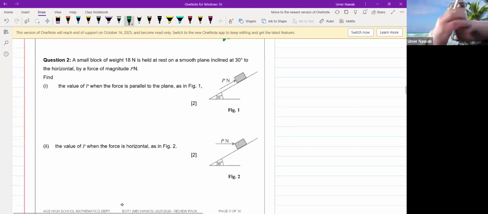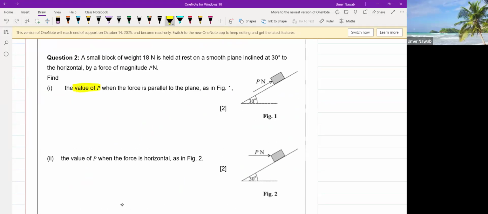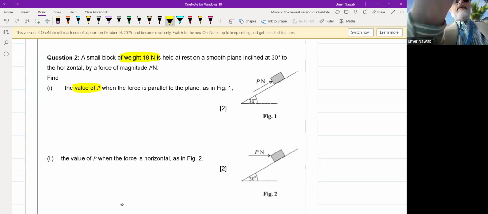Now we go to the next question, number 2. He said find the value of P when the force is parallel to the plane and the weight is 18 newtons. So mass will be 1.8, weight is 18 newtons. You are applying a P newton force upward.